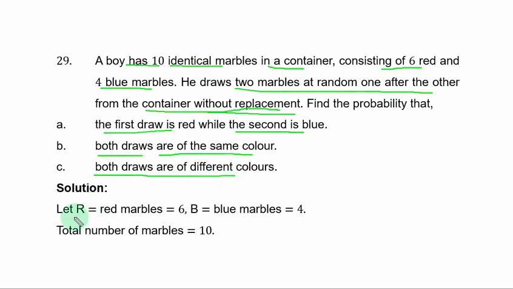Solution: let R be equal to red marbles, they are 6 in number. B equal to blue marbles, they are 4 in number. The total number of marbles in the container, they are 10. So let's get the required probabilities.